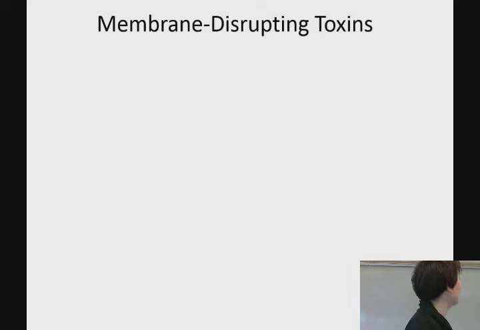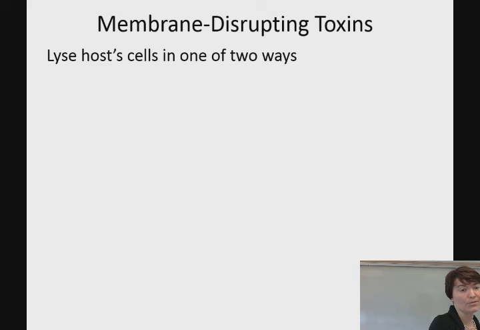The other kind of exotoxin is membrane disrupting. What do you think that those do? What component of the host cell are they affecting? The membrane, okay? So when we say membrane disrupting, this is actually kind of a soft way of saying what actually happens. It's as if you took a machine gun and blew holes in your host.